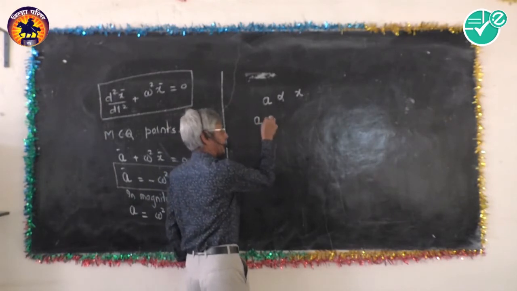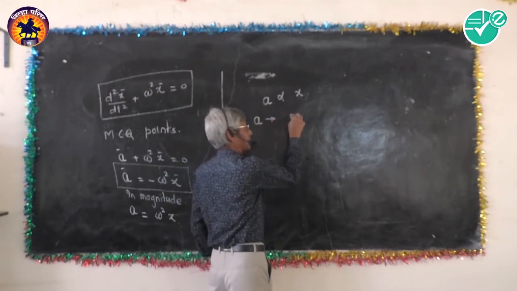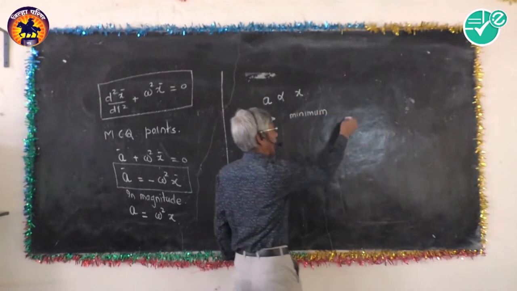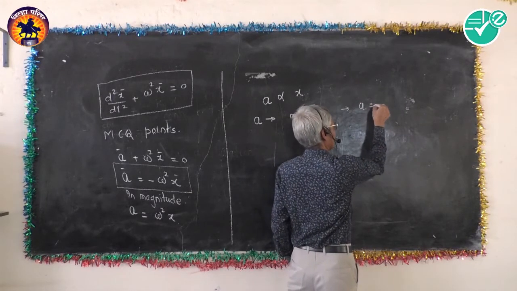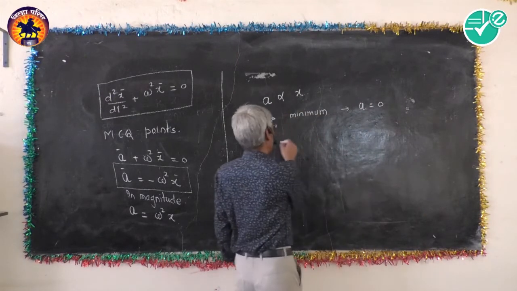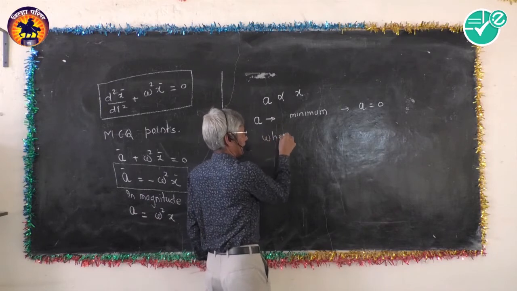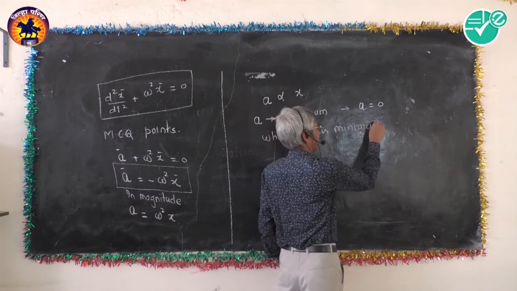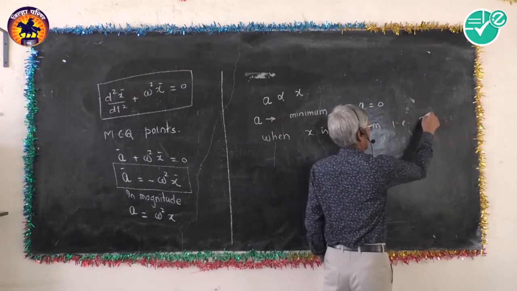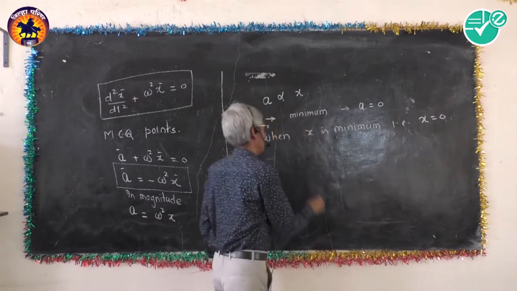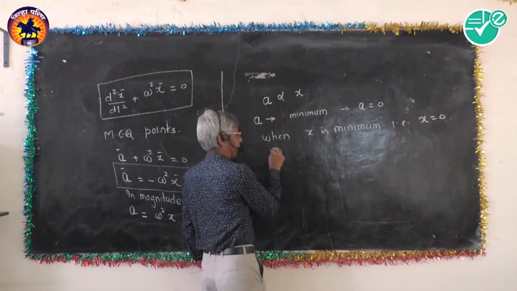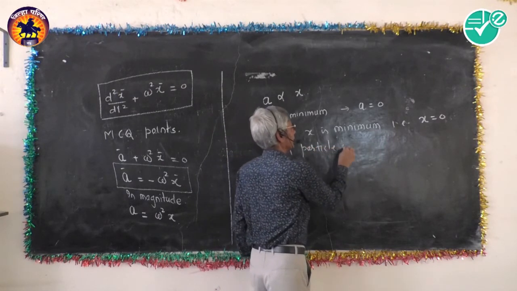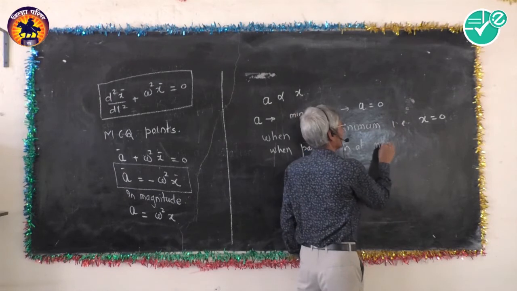Acceleration will be minimum and have value 0 when x is minimum, that is, x is equal to 0, when the particle is at the mean position.